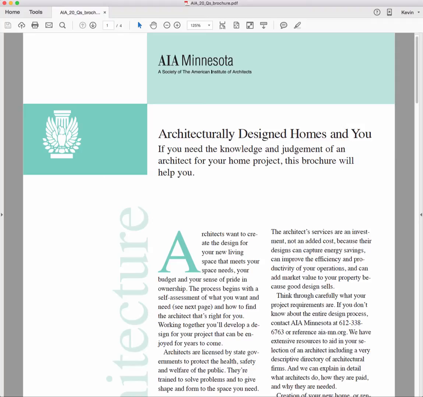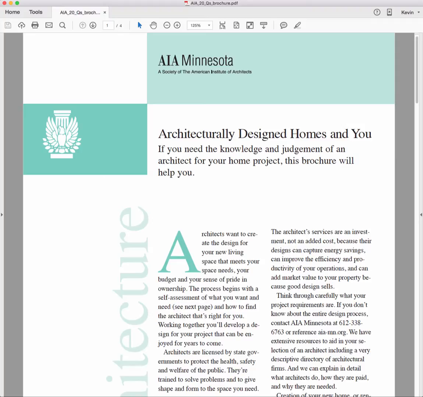So let's talk about what the architects do. We have a brochure here, Architecturally Designed Homes and You. This was created by the Minnesota chapter of the American Institute of Architects, which is their professional society, the main one in the United States. They have state chapters, and this is the Minnesota one.